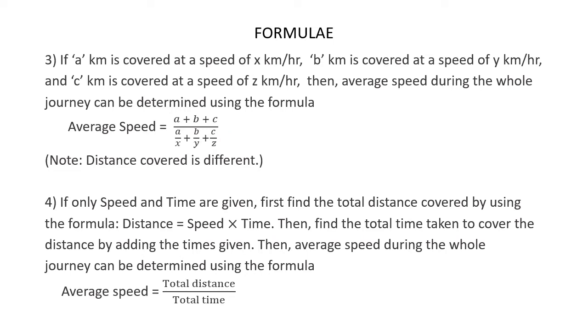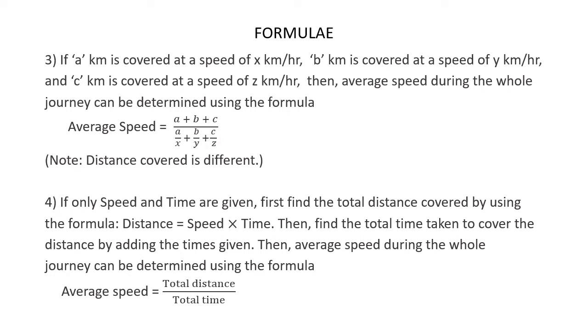Now here you have to notice that the distances covered are different. So if the distance covered is different and different speeds are given, then average speed is equal to A plus B plus C divided by A by x plus B by y plus C by z, where A, B and C are the distances and x, y and z are the respective speeds.